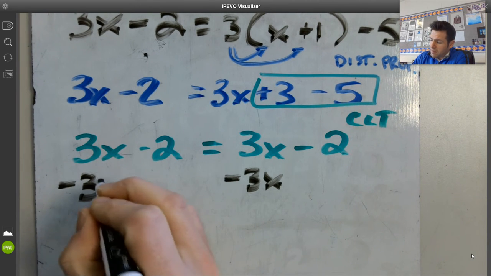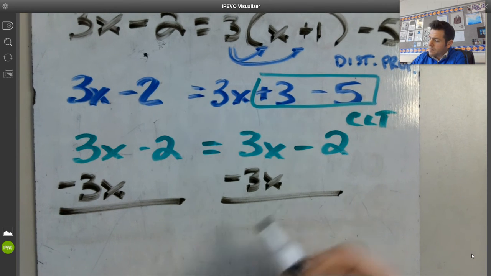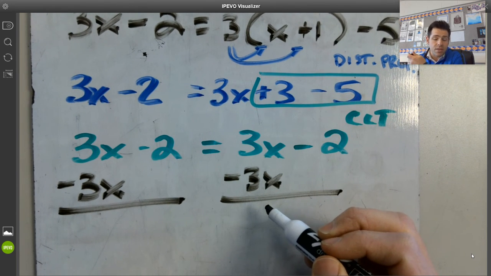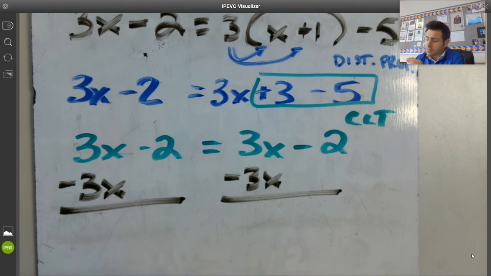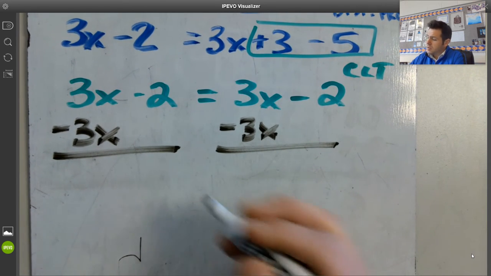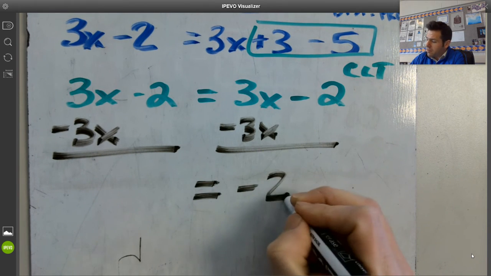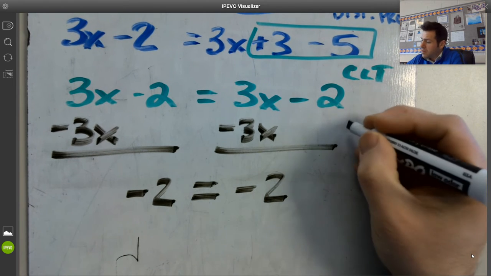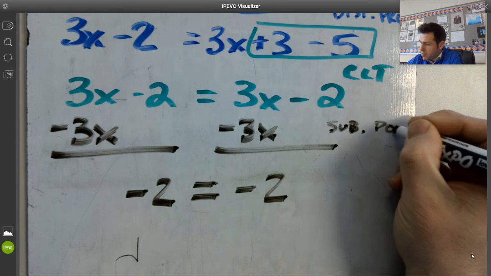So if I do the inverse operation and subtract 3x from both sides, 3x minus 3x is 0x, which we know 0 times anything would be 0. So both on the right and on the left, there's going to be no variables left in the problem. So I would be left with a negative 2 on the left and a negative 2 on the right after using that subtraction property of equality.